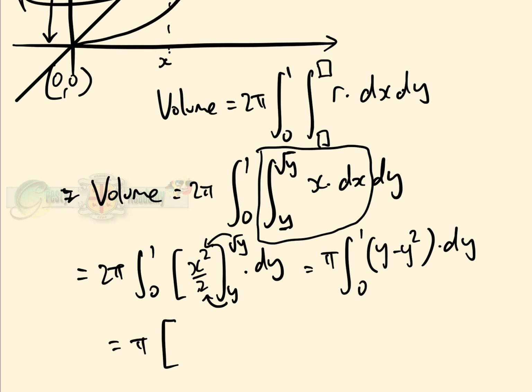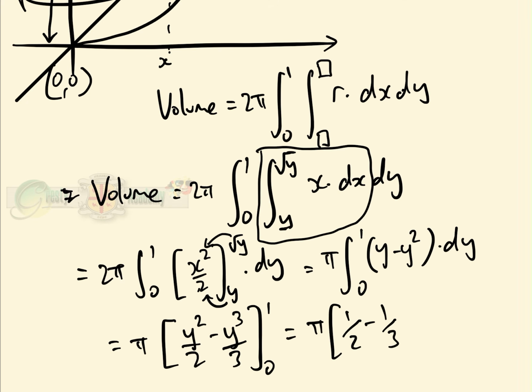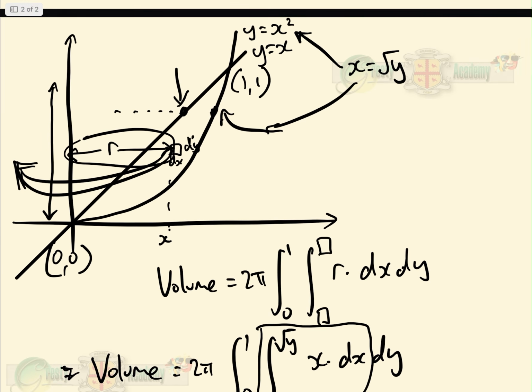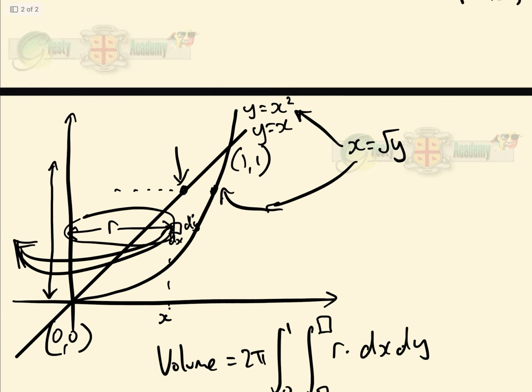That equals pi times, now we integrate with respect to y, y squared over 2 minus y cubed over 3 between 1 and 0, which equals pi, a half minus a third, which equals pi over 6. So that is the volume of the solid of revolution going around the y-axis using double integration.